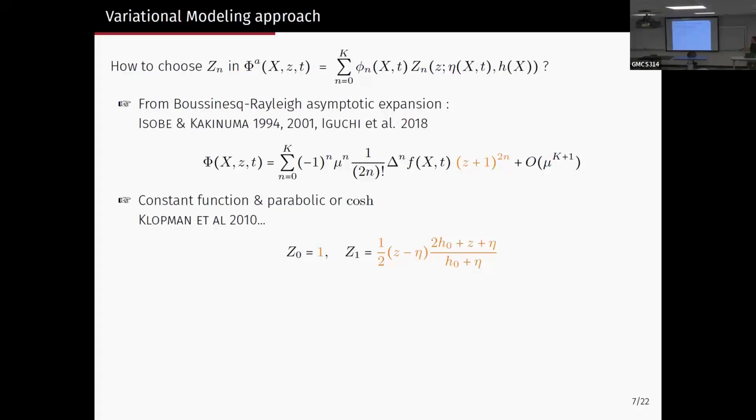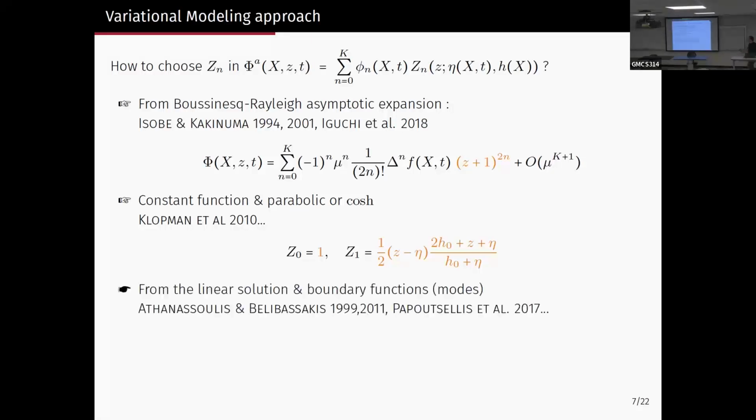There is another approach, of the group of Colloquium, that is still being developed, where they took a constant function and a second parabolic function, let's say. So you still have a polynomial, but here it's difficult to extend, to go further.